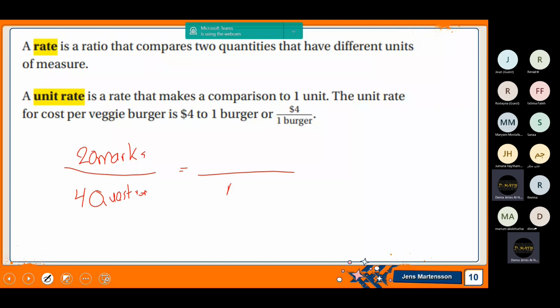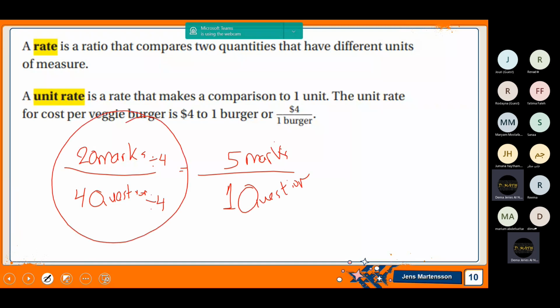I told you, per 1. So you ask yourself, how can I make 4 to be 1? I will divide by 4. And since I divide the denominator, I will divide the numerator. So that means 5 marks, sorry, per 1 question. So this is how you convert a rate to a unit rate.